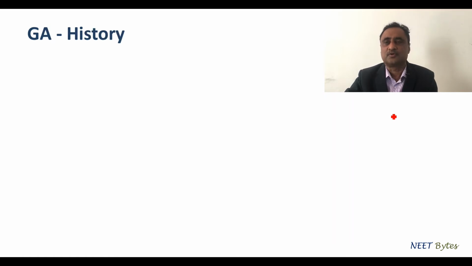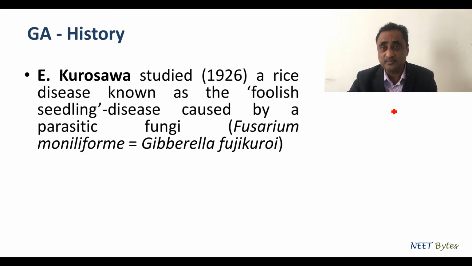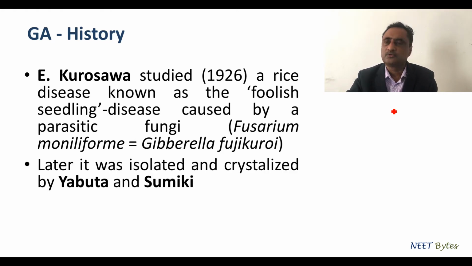Let's talk a little bit about the history of gibberellic acid. How did we come to know about gibberellic acid? The credit goes to a Japanese scientist, E. Kurosawa. He was studying the foolish seedling disease of rice, okay? This disease is caused by Fusarium moniliforme, the name of the imperfect stage.